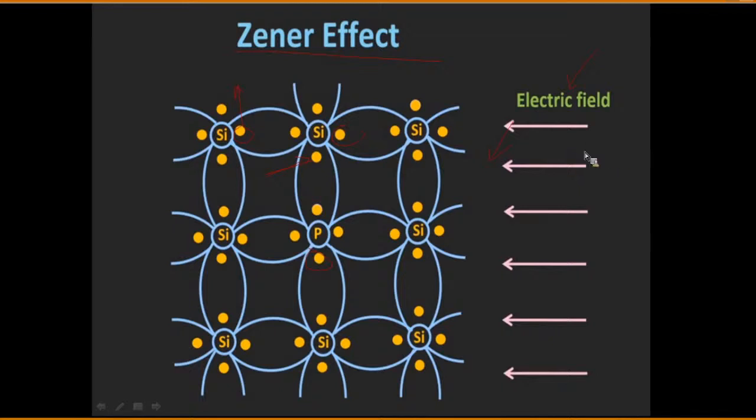Now see, what is happening? If you are applying a high electric field, that means a very huge amount of electric field is developed in the depletion region.